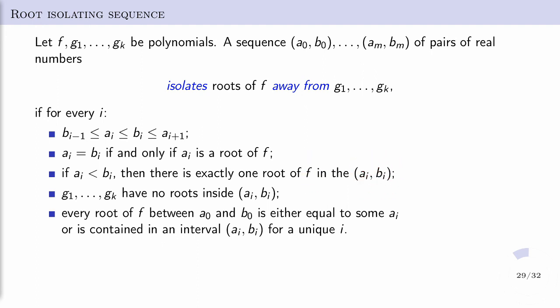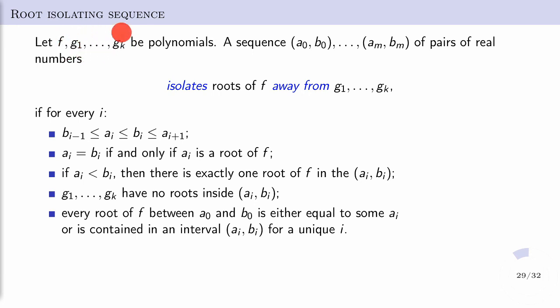Moreover, these intervals are small enough that they do not contain any roots of these polynomials g1 to gk. And finally, every root of f is contained inside one of these intervals or is equal to some improper interval. So this is a formal definition of the isolating sequence, a root isolating sequence.